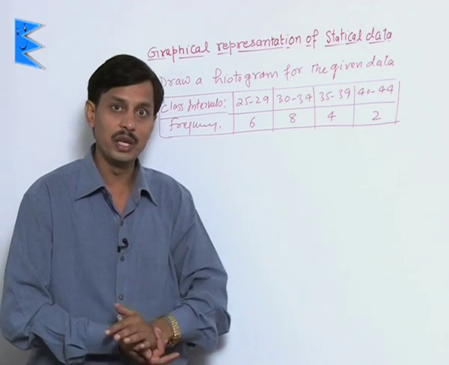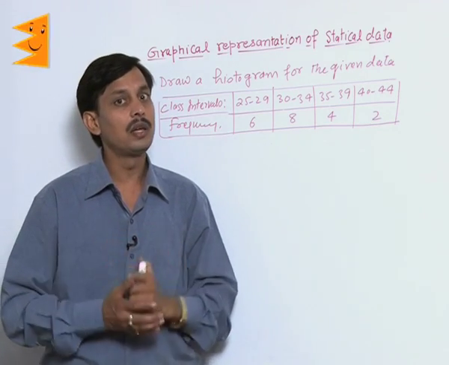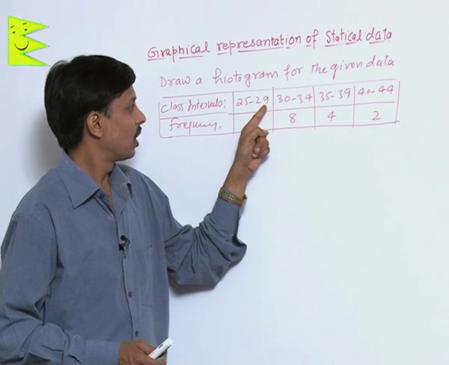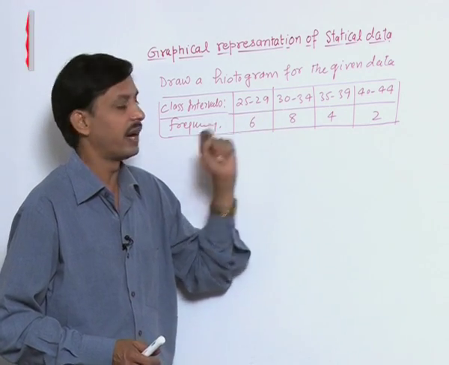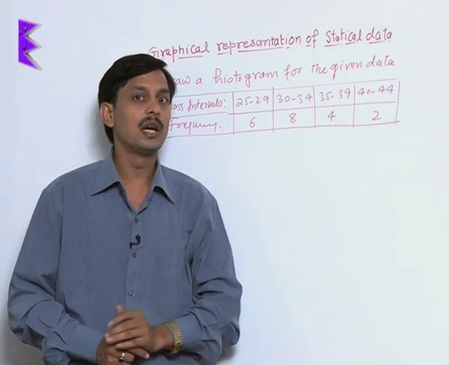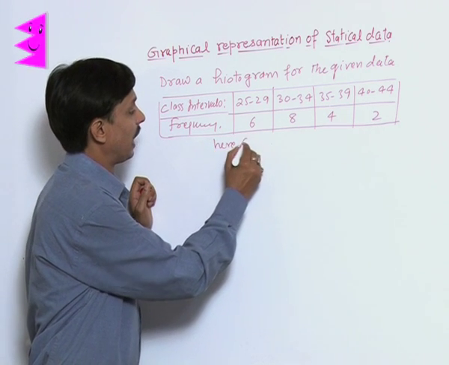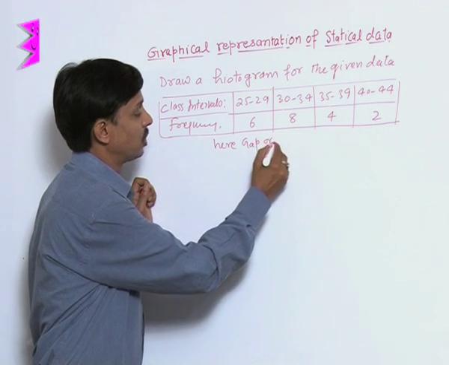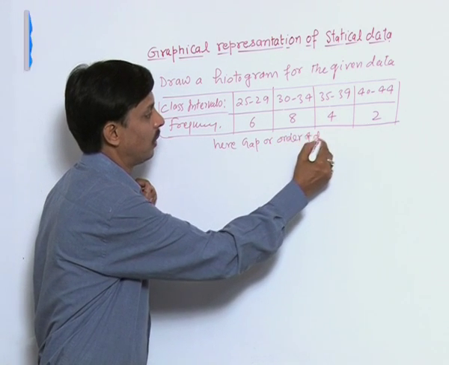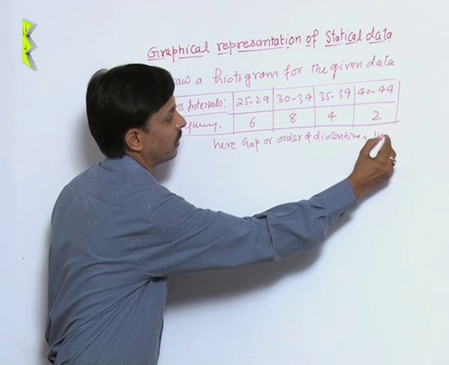Here you have to see how many units of gap there are in the discontinuity. Here the discontinuity is between 29 and 30. If you want to move from 29 to 30, the gap is 1 unit. This gap, or you can say order of discontinuity, is 1 unit.